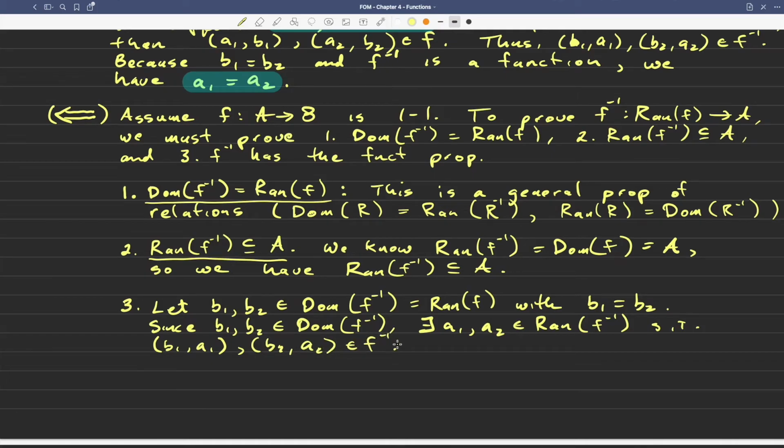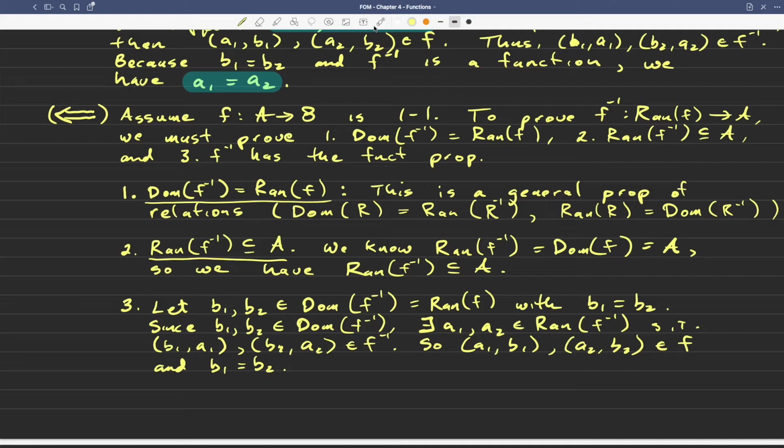But see, I want to use what I know about the original function f being one-to-one. So what I want to do is use the fact that these ordered pairs are in the inverse relation. I can reverse the order of the components and get something in the original function. So a1 comma b1 and a2 comma b2, reversing the order, those ordered pairs are in the original function, and we have b1 equals b2.